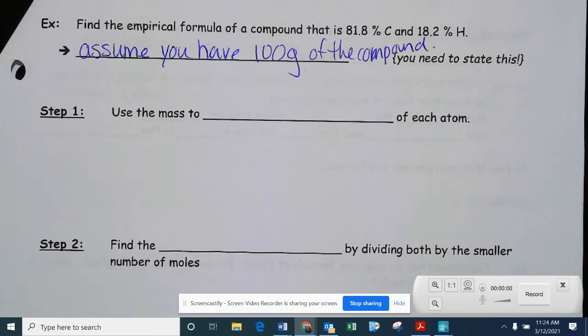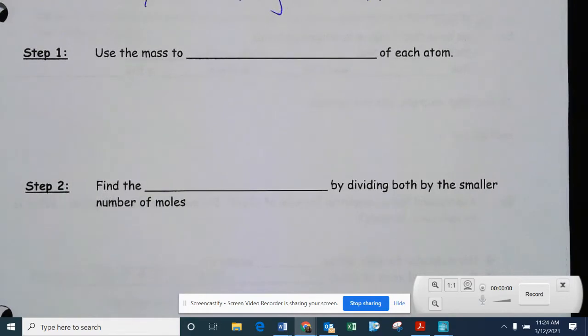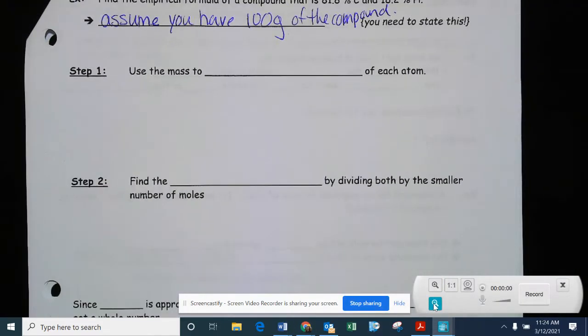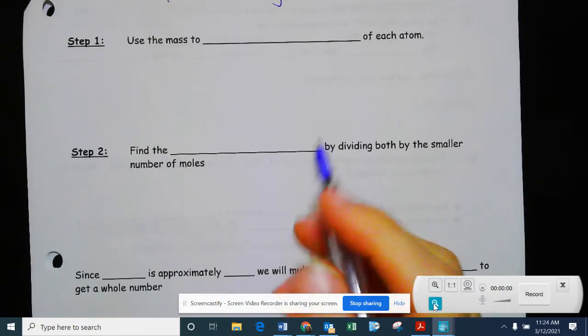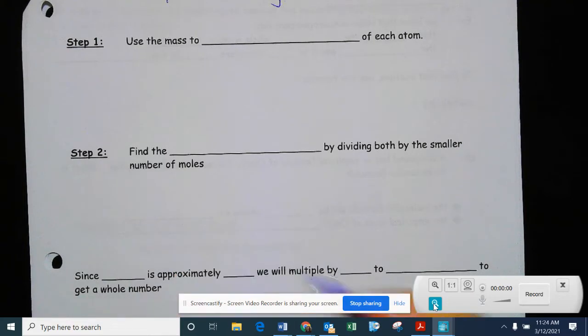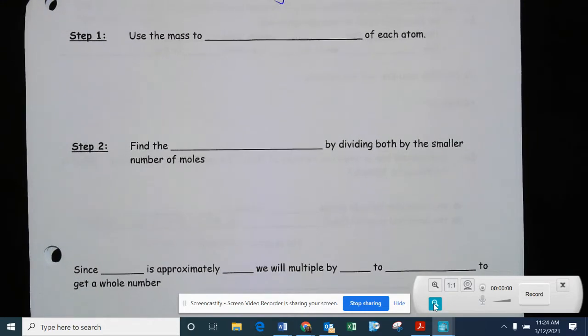All right, so I want you all to try this on your own. So give this one a go, all the way down to the bottom here. So you should end up with a ratio and empirical formula.